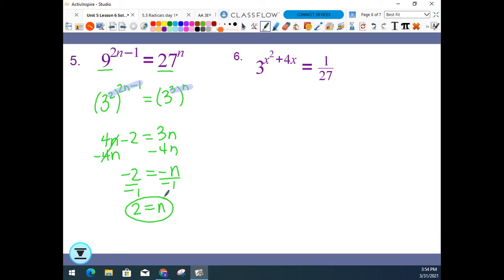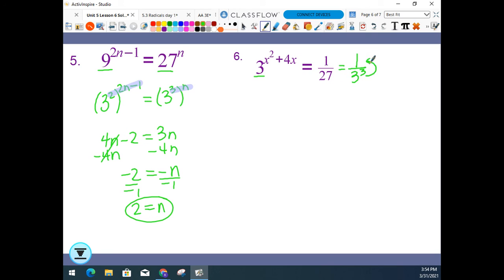All right, the last one has a couple tricky steps. The first thing I want you to notice, this is base 3, and I can make 27 into base 3. 1 over 3 to the third. So I have to keep 3 to the third in the denominator where the 27 is.